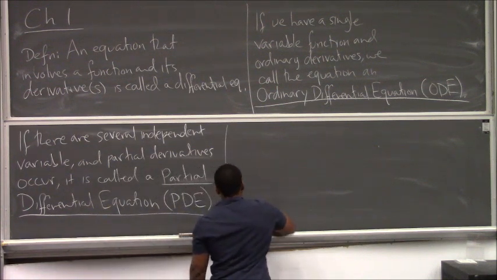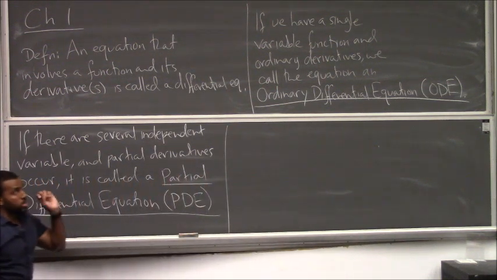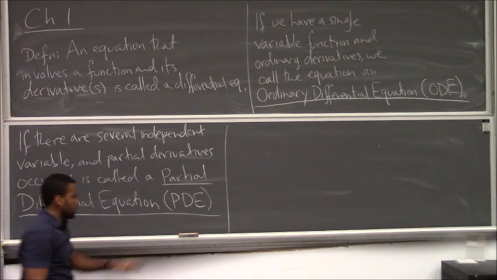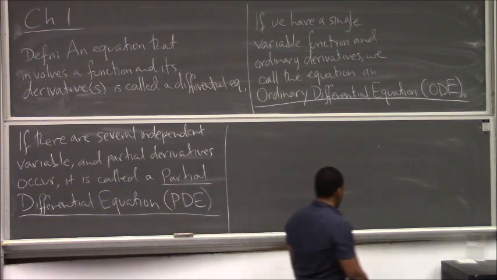As I mentioned before, the majority of our time will be spent on the ODEs, but we will do a few partial differential equations towards the end of the course.